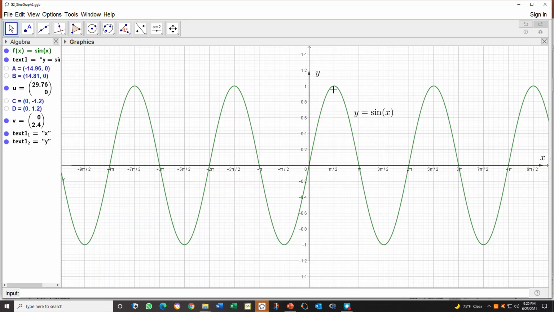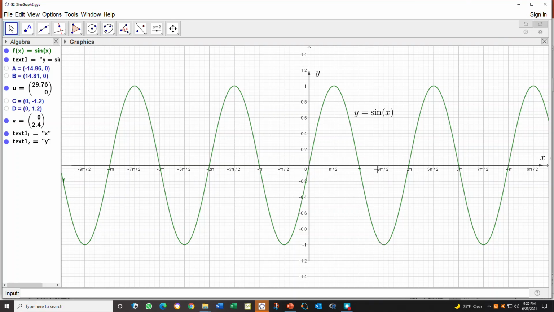Is sine positive in the second quadrant, pi half to pi? Yeah. All Students Take Calculus, it's positive. And is the graph indicating that the y values are positive in that interval? Yes, it is. So this is correct. And then what happens? When we go beyond pi, between pi and 3 pi halves, we are in the third quadrant where sine is negative, and sure enough, all these y values are negative.